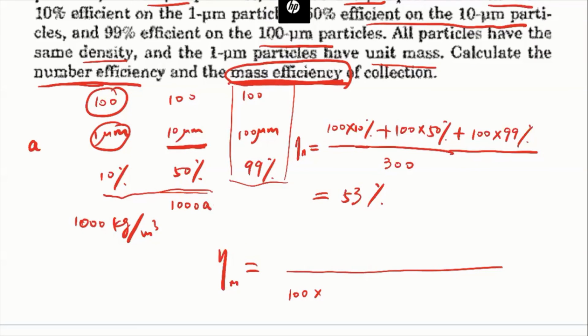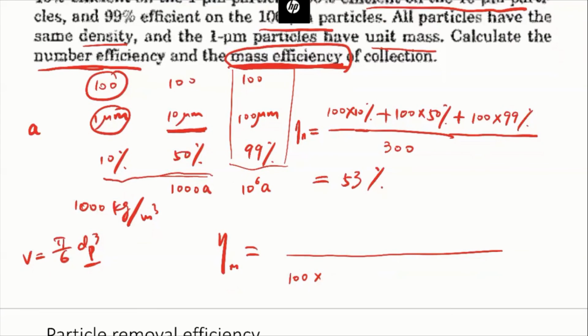Because volume is pi over 6 dp to the third. It's a cube of the particle diameter. So if the 1 micrometer particle has a mass of A, then the 10 micrometer particle will have a mass of 1000 A, and the 100 micrometer particles will have a mass of 10 to the 6 of A, right?